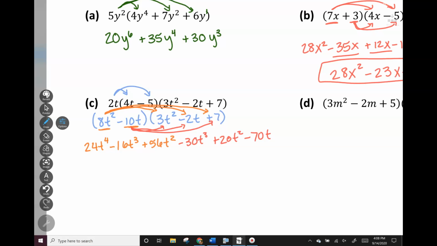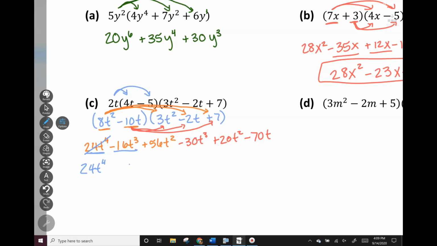And lastly, we want to combine like terms. So I don't have any other t to the 4ths, so 24t to the 4th will stay. If you want to cross those out as you go, I know that helped me when I was in high school. Just make sure that you don't forget any terms. So we've taken care of that one.